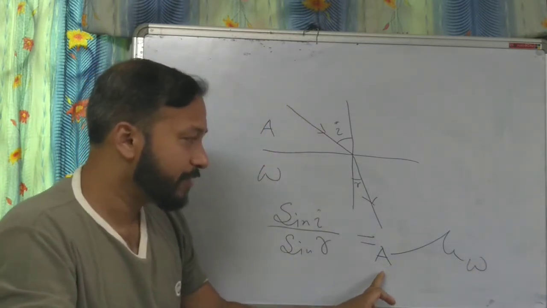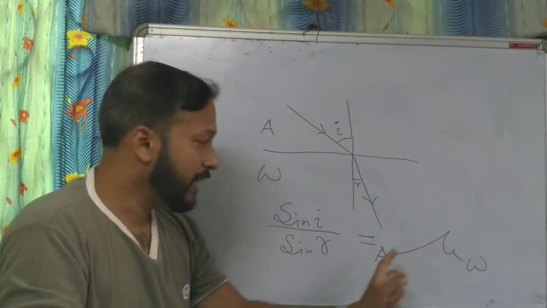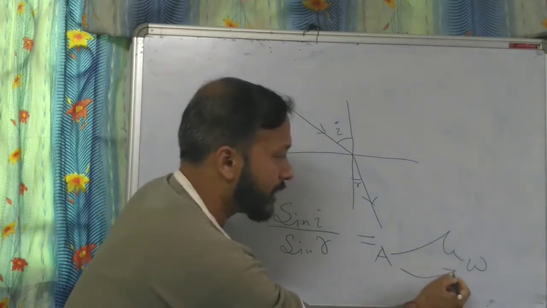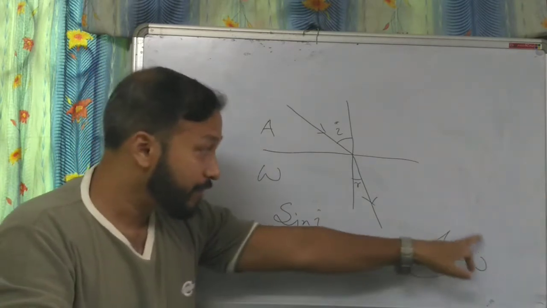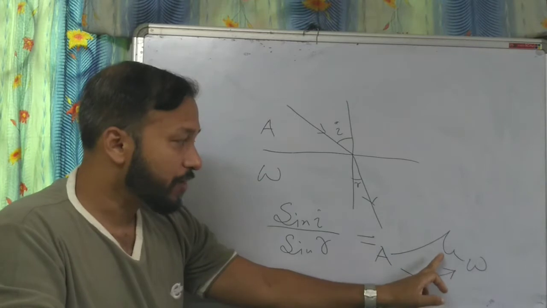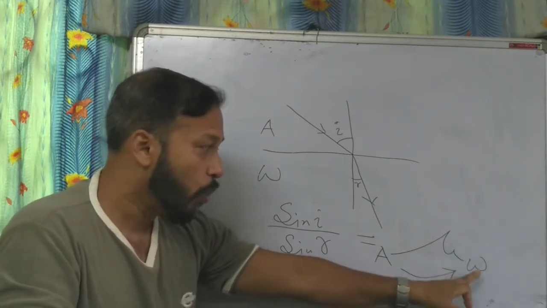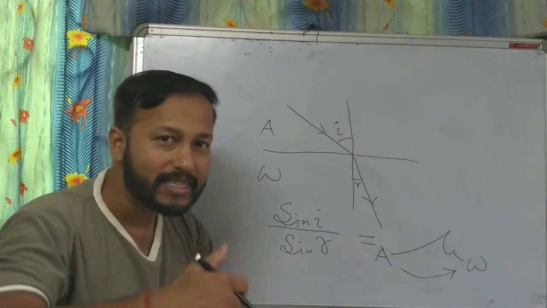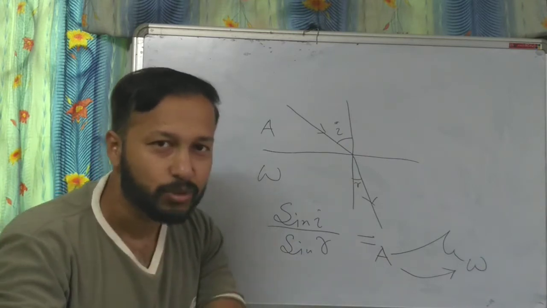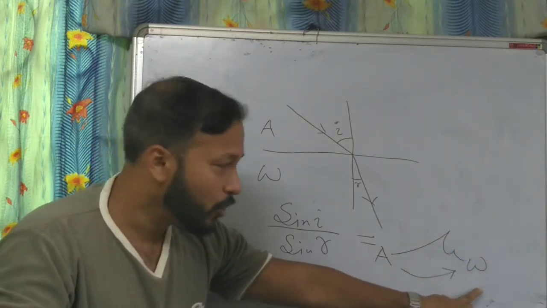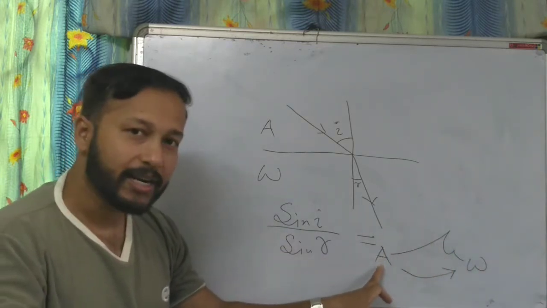We have to give the symbols here: A, W. That means light is going from air to water. But when we say this, we say this is the refractive index of water with respect to air.